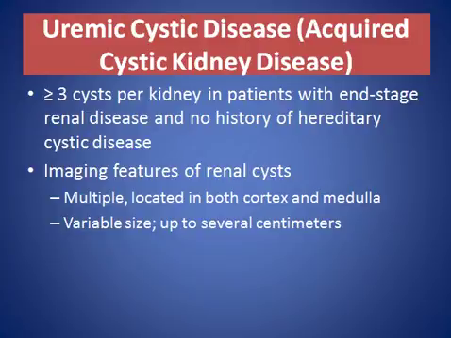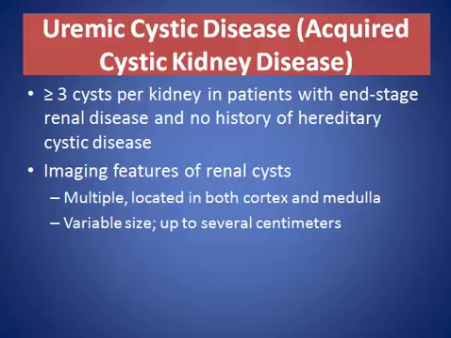Uremic cystic disease or acquired cystic kidney disease: more than 3 cysts per kidney in a patient with end-stage renal disease, and no history of hereditary cystic disease. This is the clue for differential diagnosis.